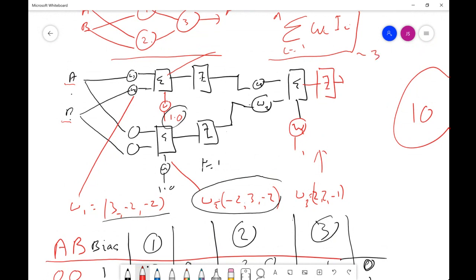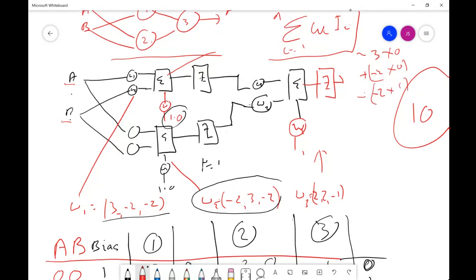W1 times A is 3 times 0, plus the summation. W2 is this weight here, which is -2, let's put brackets in there because of the minus sign, times input 2, which is going to be B, and input 2 is again 0, plus the third input, the bias, which is input 1, and the weight is given as -2, so it will be -2 times 1.